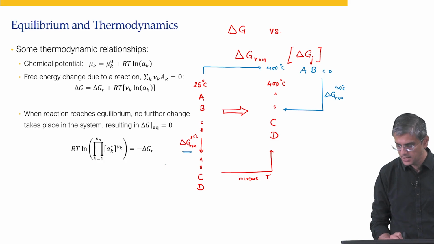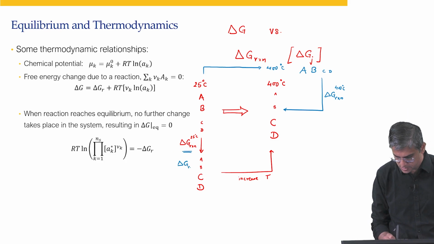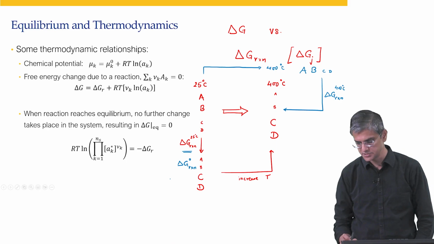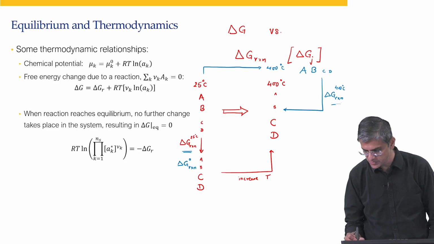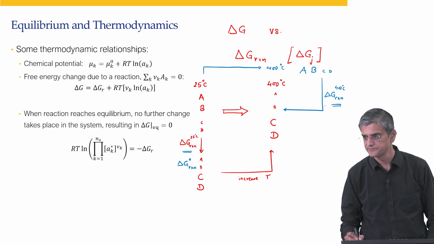Delta G at 25 degrees Celsius and 1 bar pressure is what we call delta G Rxn 0 at standard condition. This is delta G of reaction at 400 degrees Celsius.